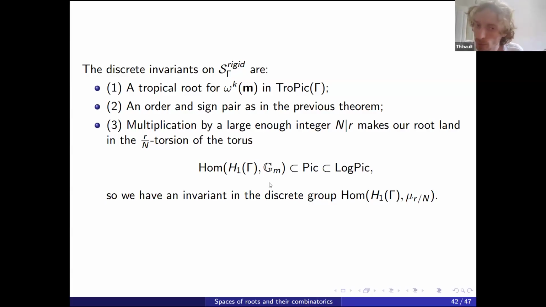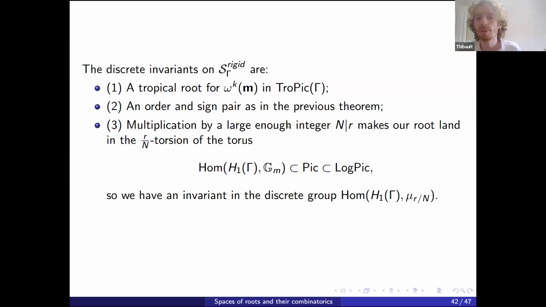So the Pic of a nodal curve whose dual graph is gamma has a maximal torus, and this torus is a bunch of monodromies around the cycles of the graph. The reason is, take the trivial bundle on the normalization of your curve, use a monodromy map like this to describe how to glue the trivial bundle to itself at nodes, and you will get a line bundle.